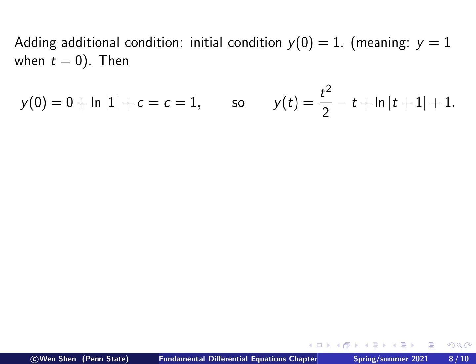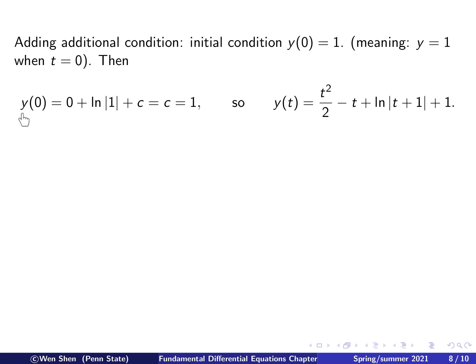Okay, now we add an additional condition. Initial condition, like y of 0 is 1. This means when t is 0, y is 1. Okay, so we plug t equal 0 and y equal 1 in the equation.